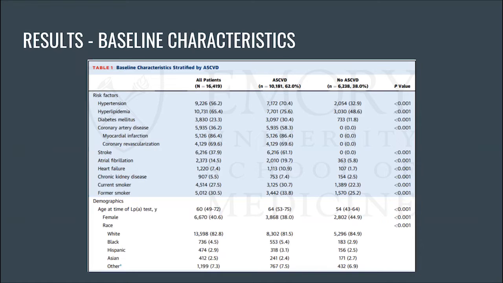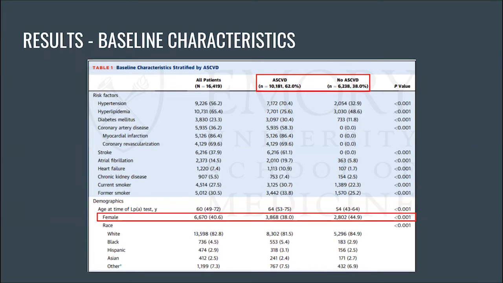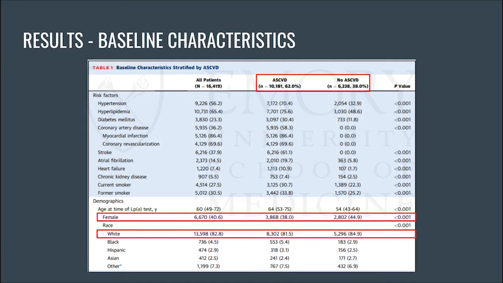This brings us to Table 1, which is the baseline characteristics of everyone within the study. You see the risk factors on the left side of the column and the numbers for all patients, those broken down by ASCVD versus no ASCVD in the middle columns, and the p-values on the right. In this study, about 2/3 of the patients had ASCVD, 1/3 did not have ASCVD.